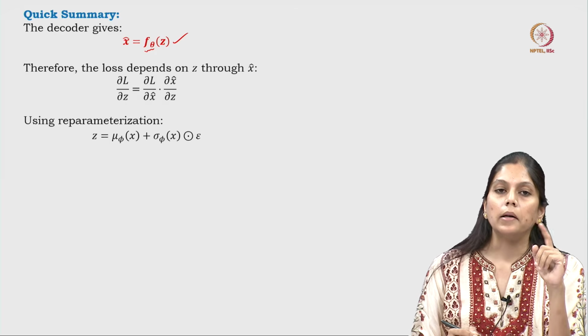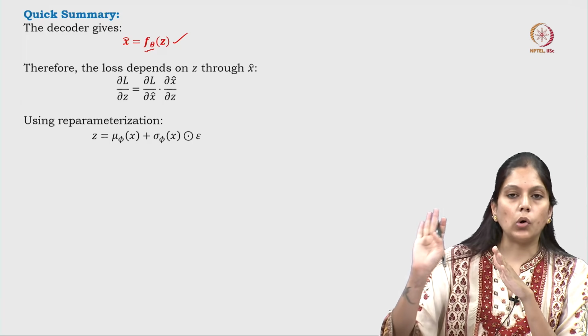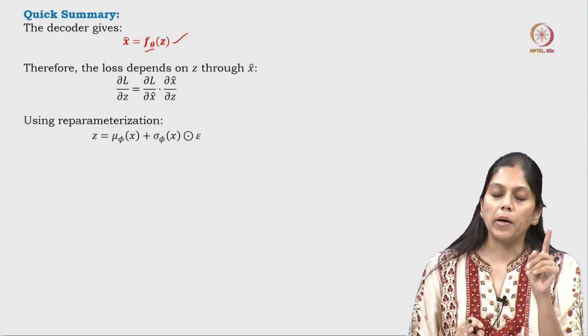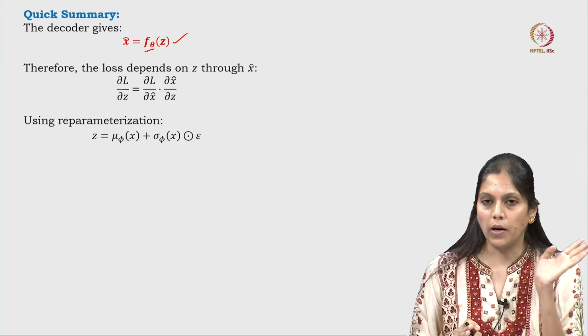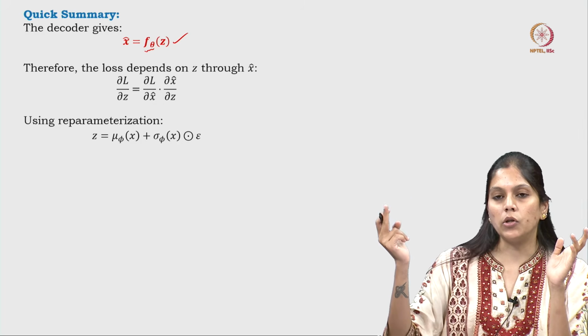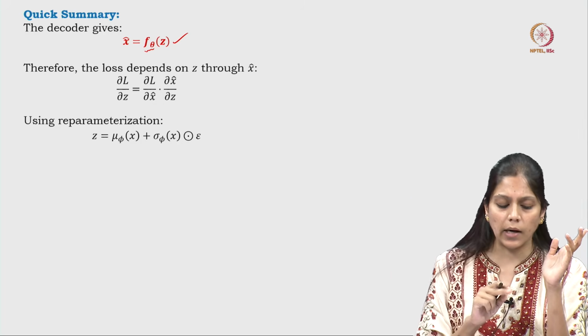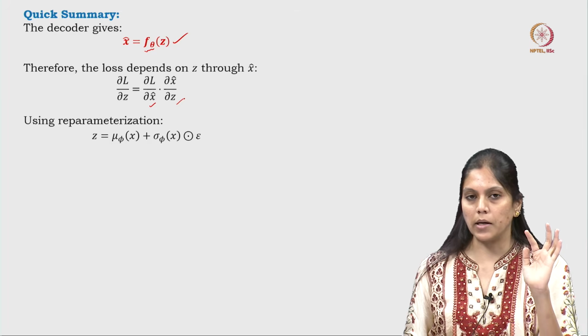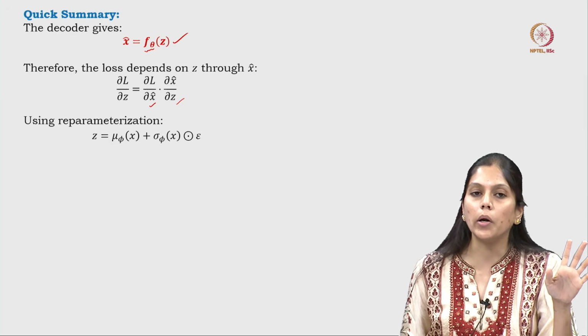So the decoder is not an issue. From the decoder we have now reached z. The loss depends on z through x hat. We have seen that. So you write the derivative of loss with respect to z as the derivative with respect to x hat and x hat with respect to z. This is also not an issue.